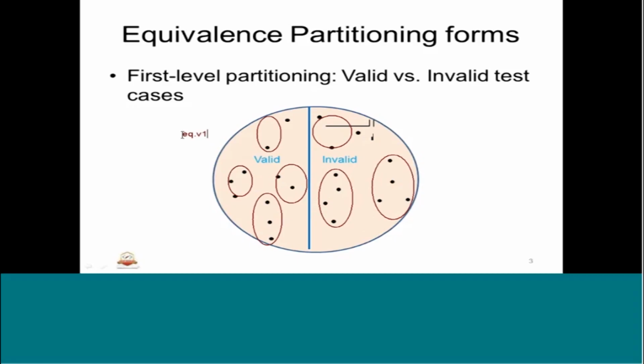We have equivalence valid 1, equivalence valid 2, equivalence valid 3, and similarly equivalence invalid 1, equivalence invalid 2, equivalence invalid 3. Here we have equivalence valid 4. There are 4 valid equivalence classes and 3 invalid equivalence classes. Out of this group of valid classes, we can select any one which is appropriate for the particular system or requirement under test.